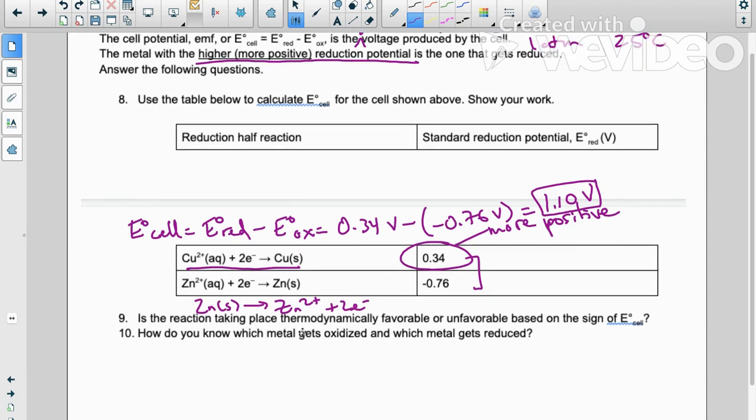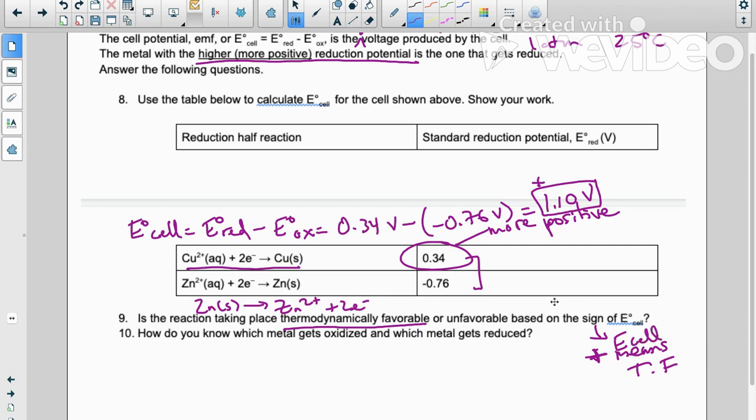How do we know if it's thermodynamically favorable or unfavorable based on the sign? This is positive. A positive voltage means that it is thermodynamically favorable. Positive E cell.